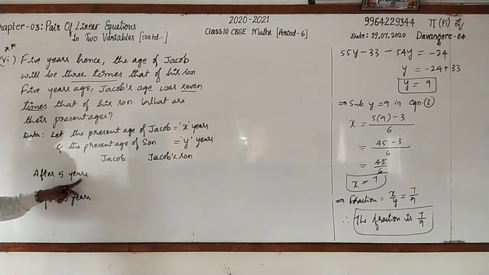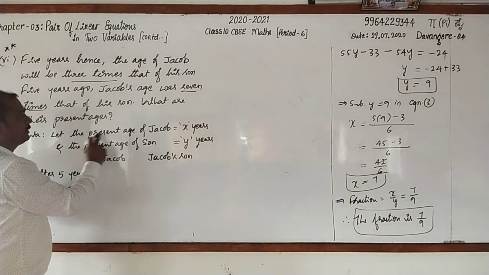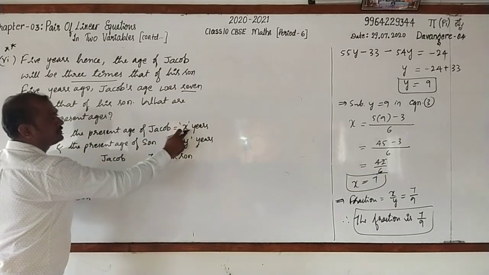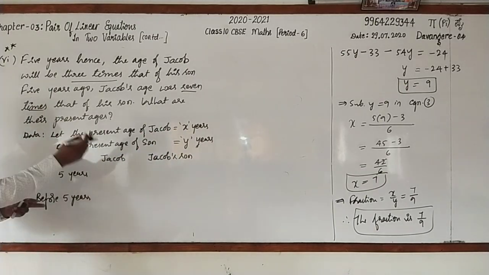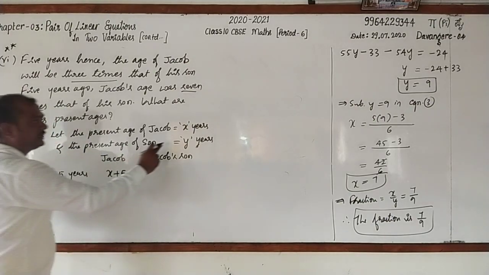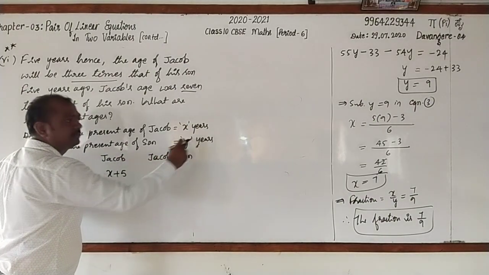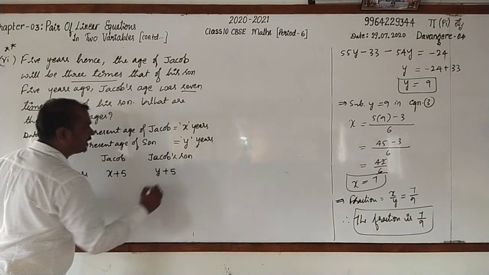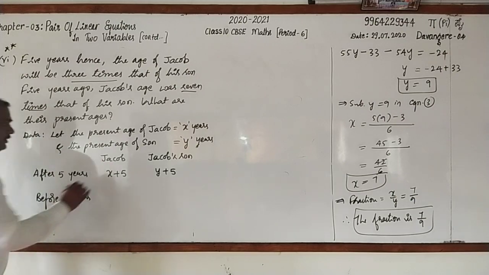The present age of Jacob is x years. After 5 years, it will be x plus 5. And the present age of his son is y years. After 5 years, it will be y plus 5 years. Clear?